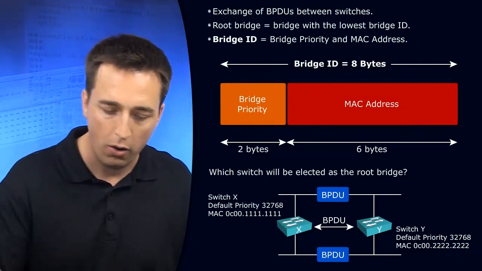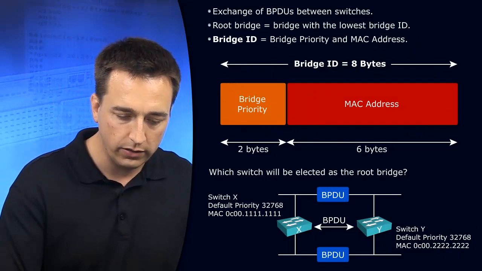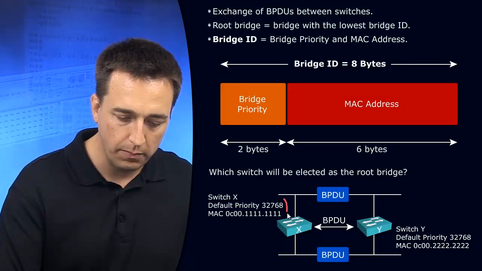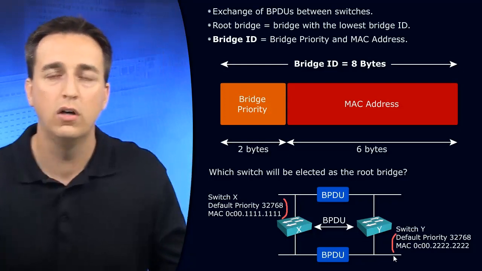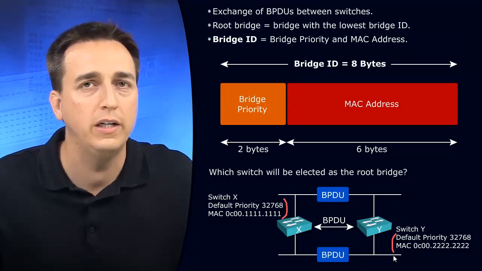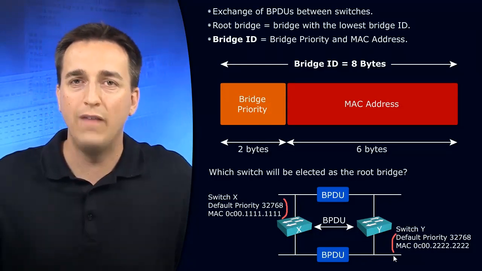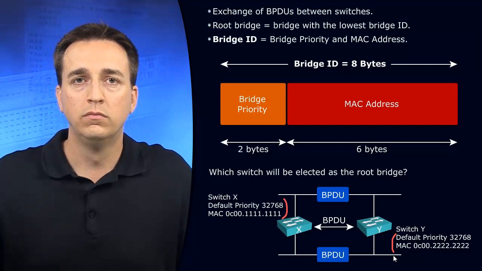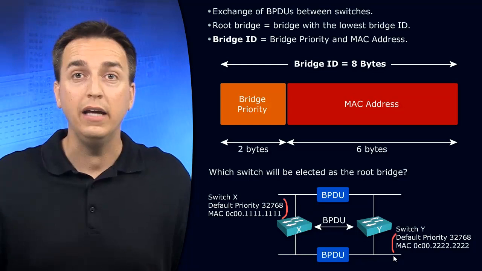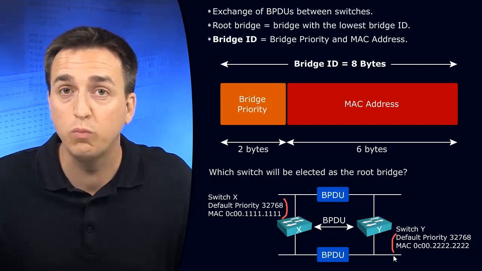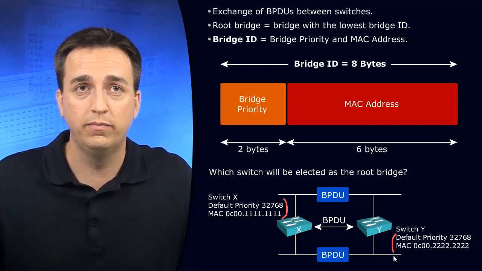And if we look below, there's the priority and there's the MAC address. There's the priority, there's the MAC address. We're looking for the switch with the lower value. So what is it? Switch X or switch Y? That's going to be the root bridge in this case.